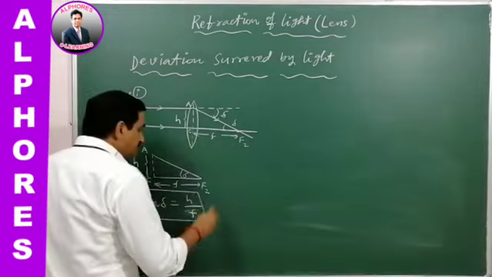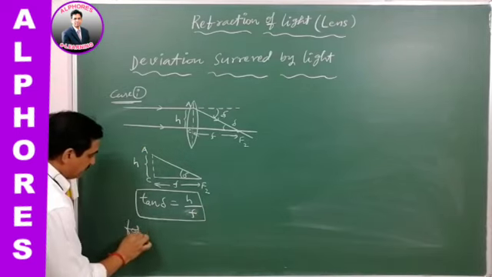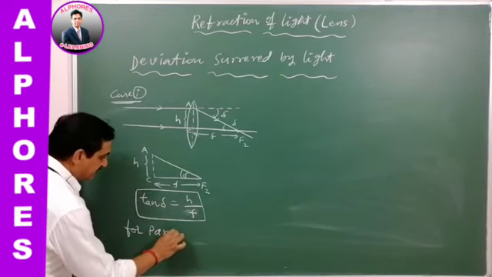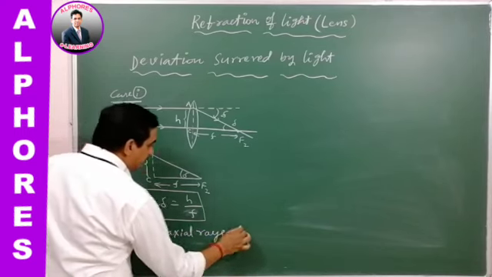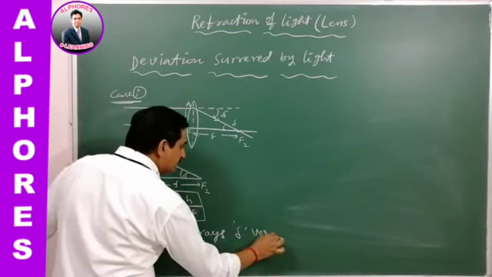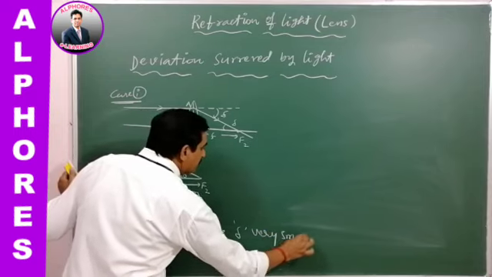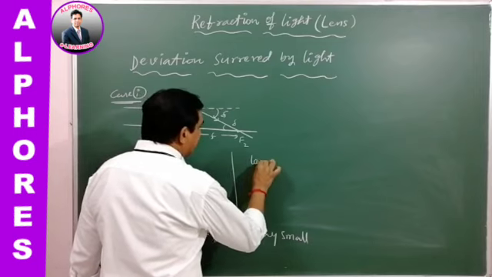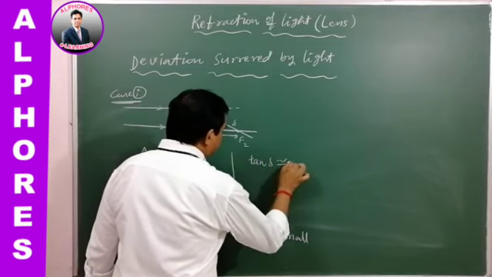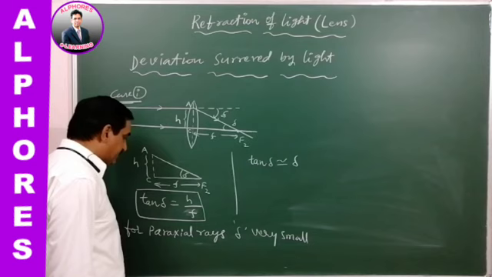Now for paraxial rays, delta is very small. Therefore, tan delta is equal to merely delta.